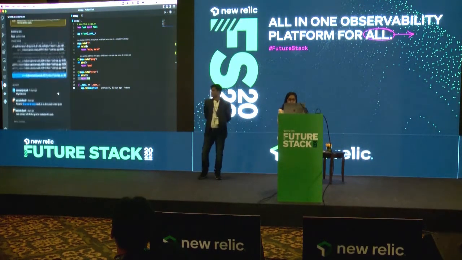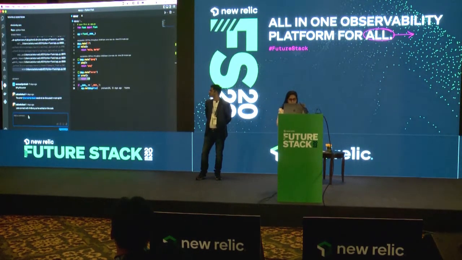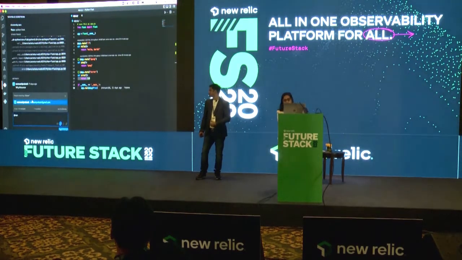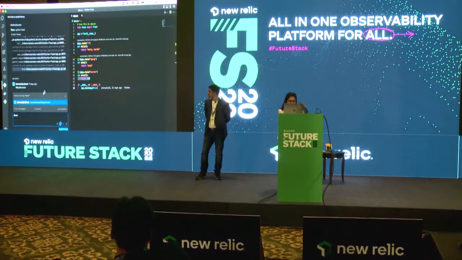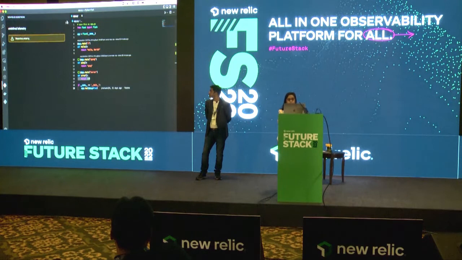So if I click over here, I can quickly understand that it's because of this particular function that is having an issue. And then you can collaborate here itself. You can add comments, tag people over here, and for instance, if I just want to type anyone from New Relic accounts, I can just add them over here. And this is not just for Codestream, you can also have other integrations.